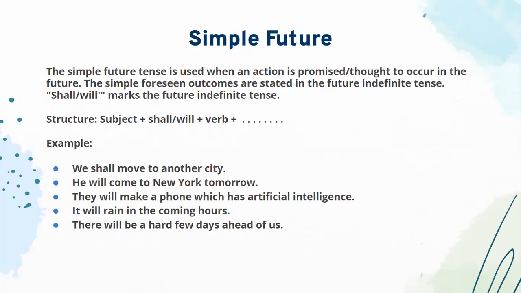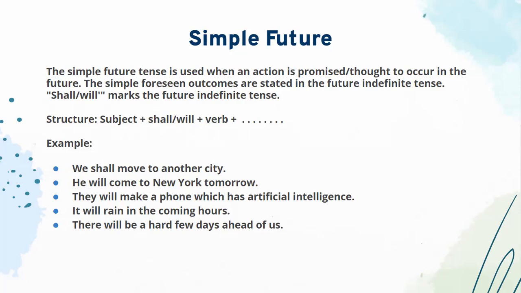The foreseen outcomes are started in the future indefinite tense. Shall, will marks the future indefinite tense. And the structure is subject plus shall or will plus the verb. Oh, very good, thank you.